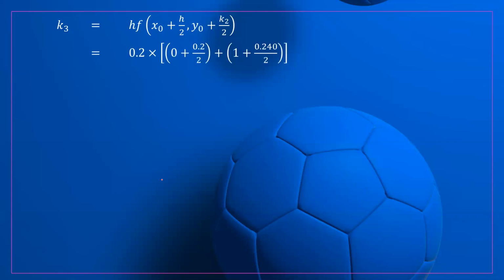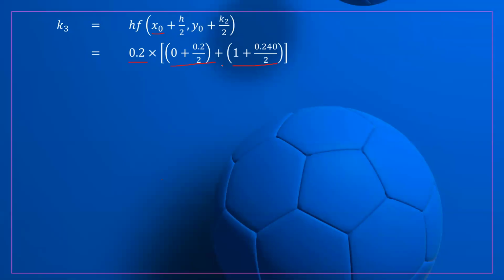So let us calculate it. h is equal to 0.2 multiplied by f, with x0 being 0 plus h, which is 0.2 upon 2. This is the x and this is y. So y is equal to y0, which is 1, plus k2 upon 2. What is the value of k2? The value of k2 is equal to 0.24.